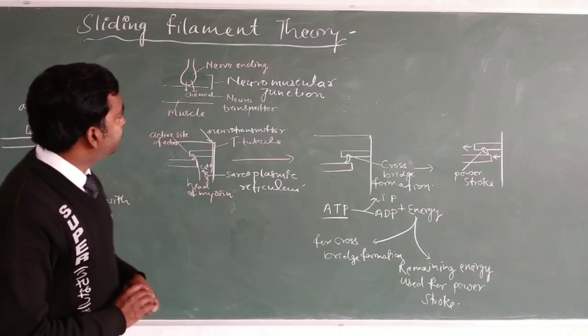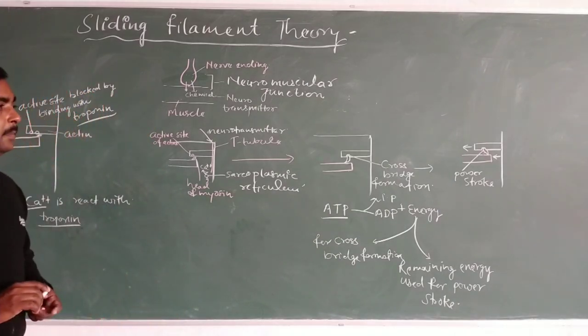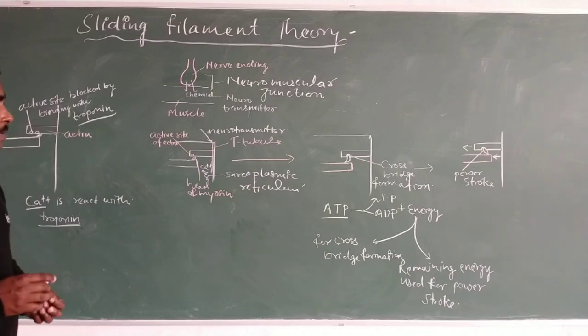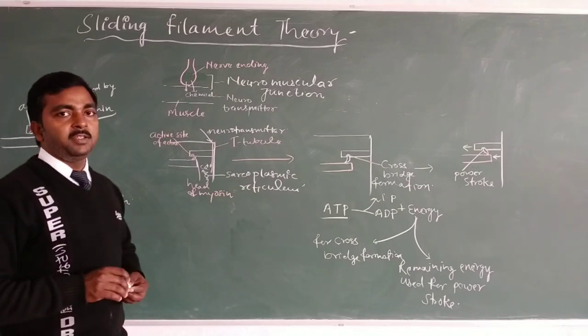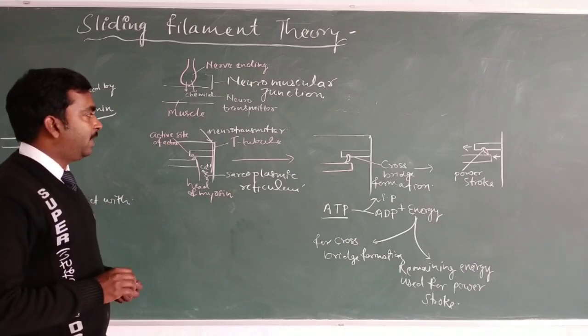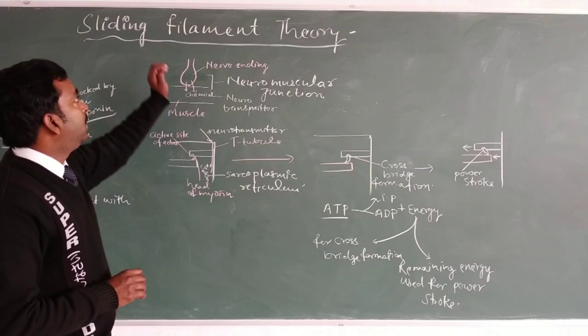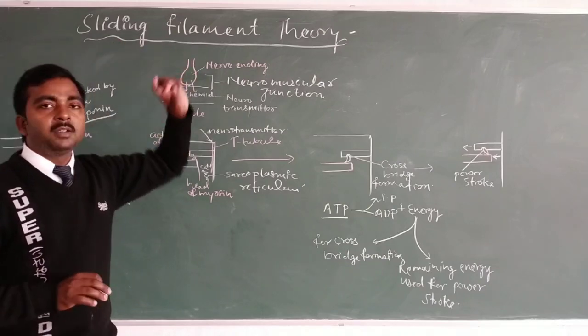So in this way, the process of contraction and relaxation takes place, and the mechanism to explain the process of contraction and relaxation by this method is known as sliding filament theory.